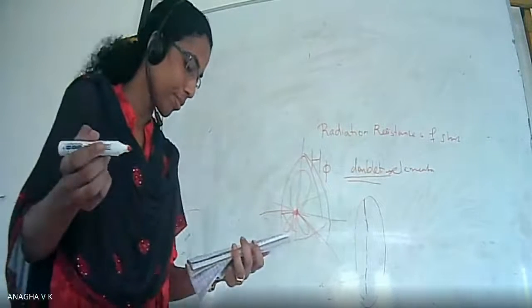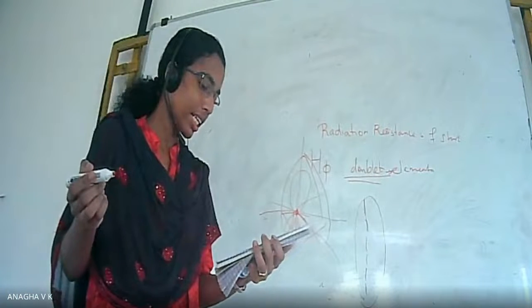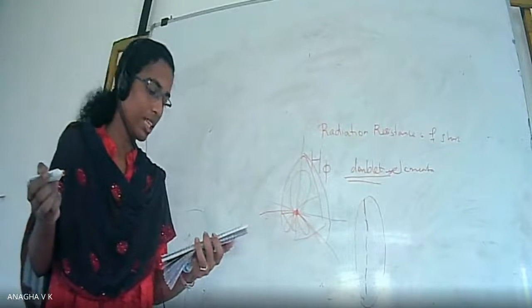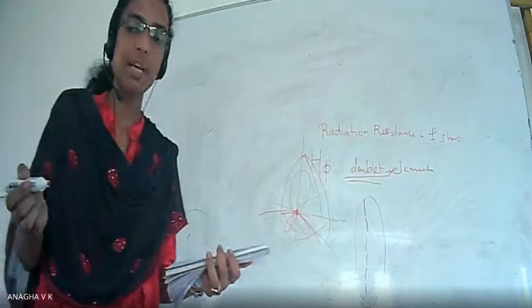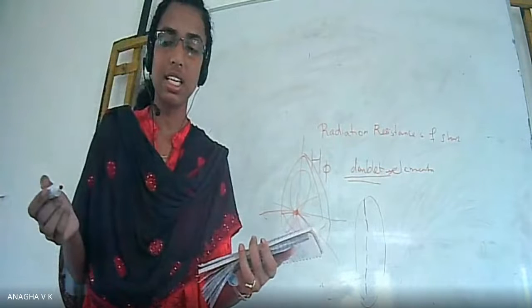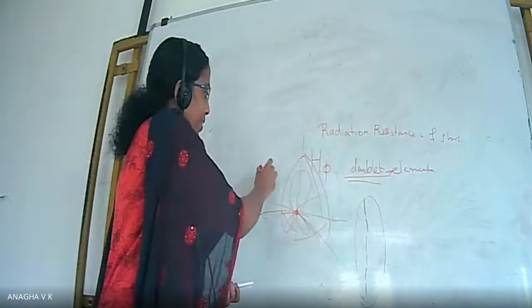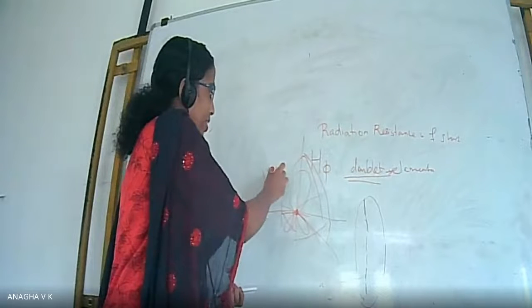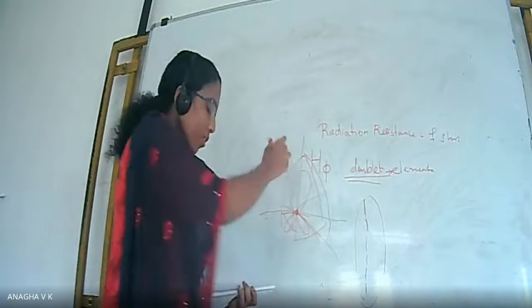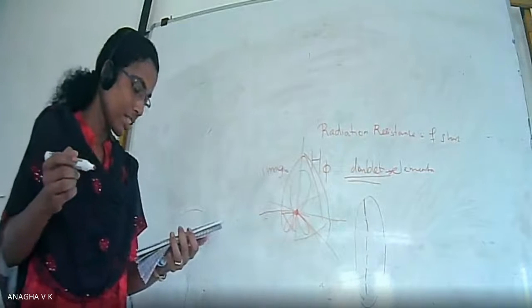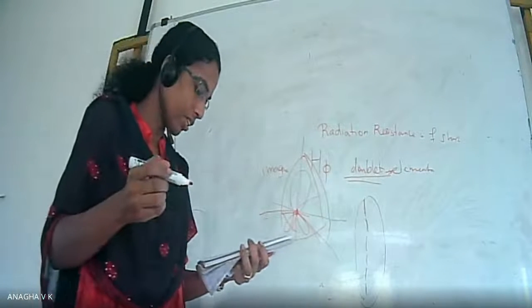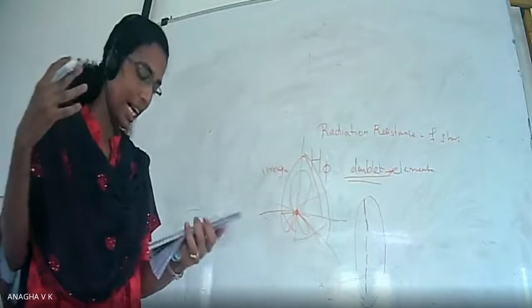So an imaginary current element, as we all know, is not a practical antenna. We are taking an imaginary element, okay, so it is only useful for theoretical work. So what is a practical antenna?